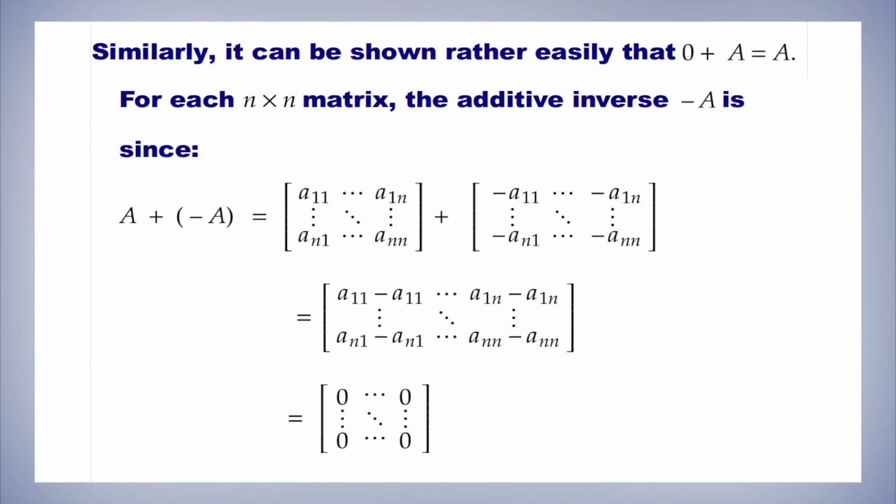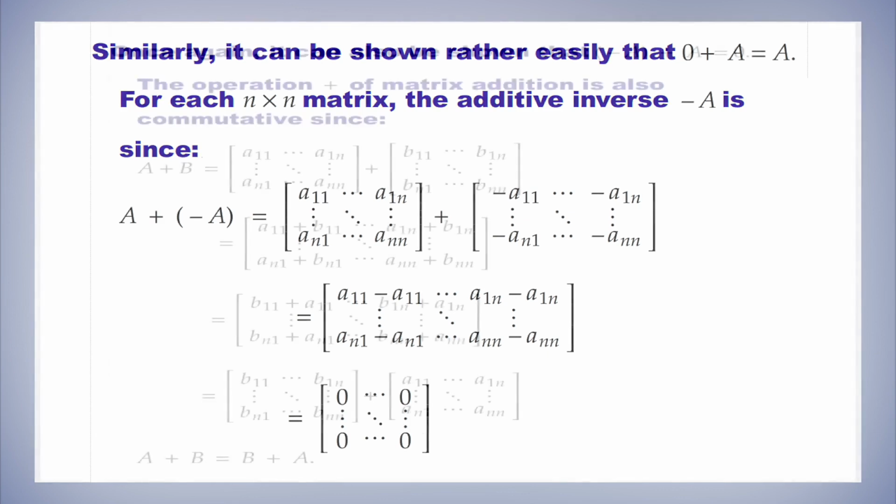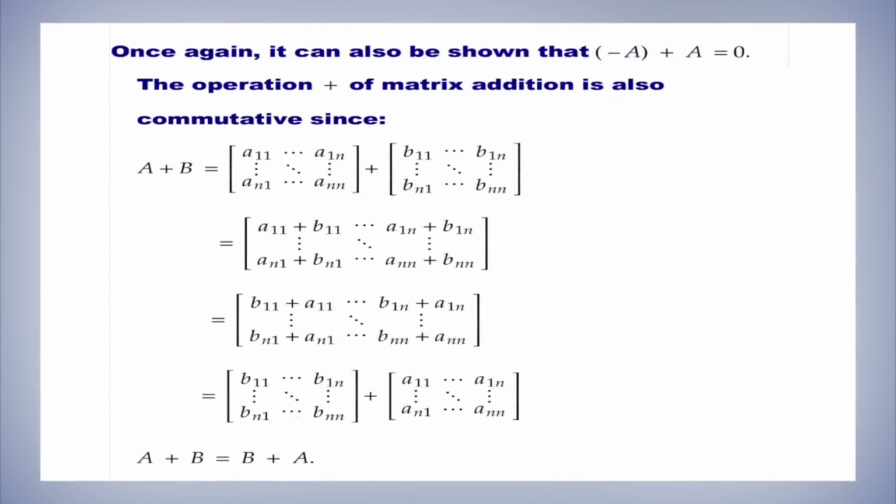Once again, it can also be shown that minus A plus A is equal to 0. The operation plus of matrix addition is also commutative, since A plus B is equal to A11, A12 and so on to A1n, like An1, An2, An3 and so on to Ann.